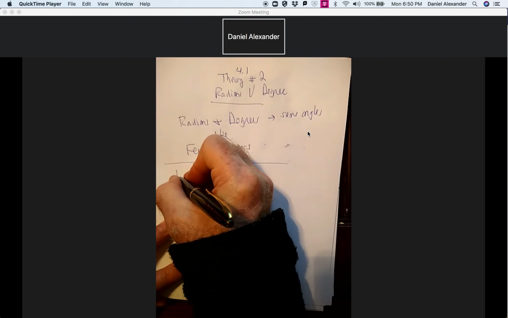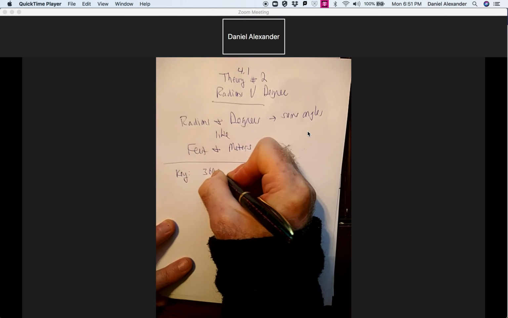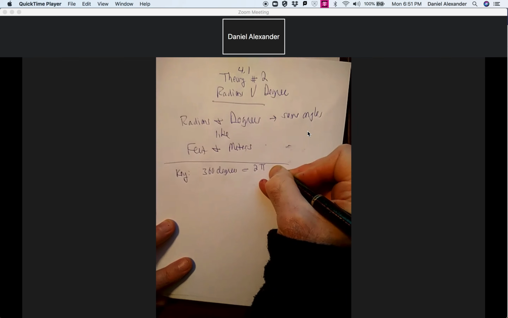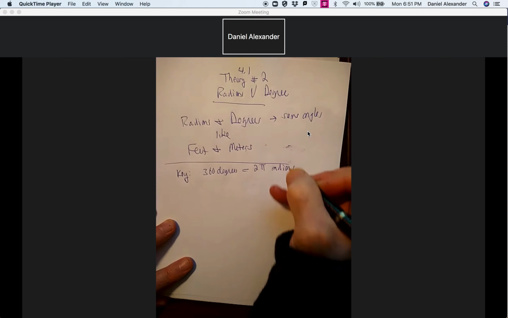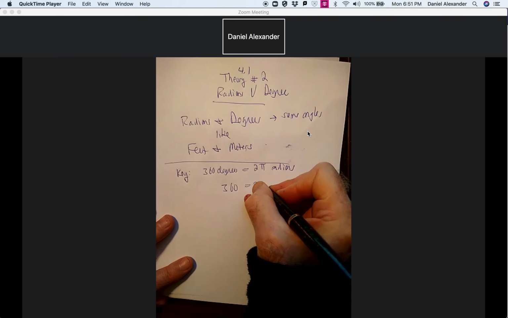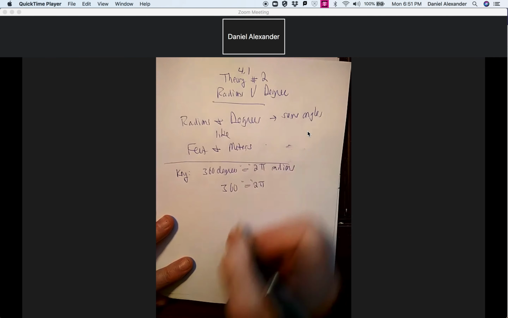And the key idea for radians is going to be that 360 degrees, I'm going to write it out, is equal to 2 pi radians. So 360 equals 2 pi. I'm going to put quotes around that because we're not saying the numbers are equal at all.